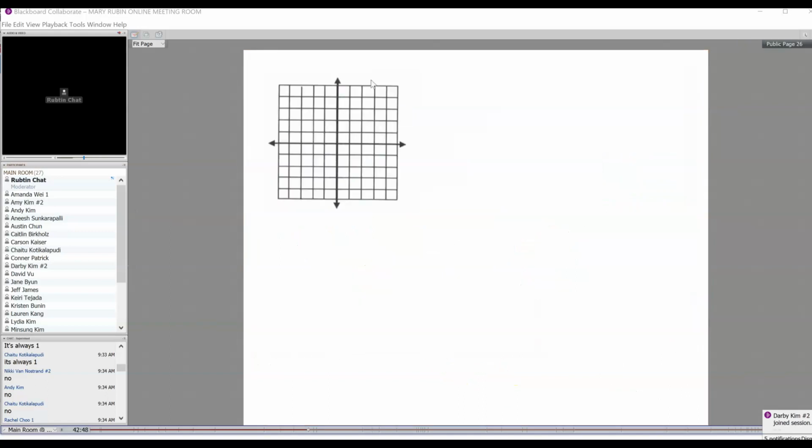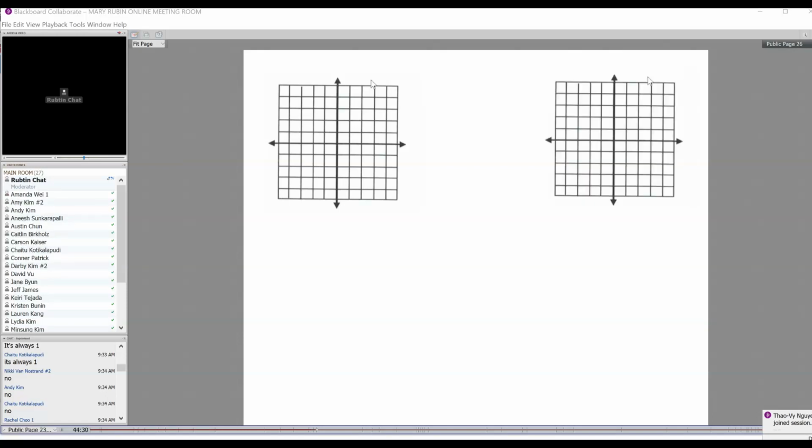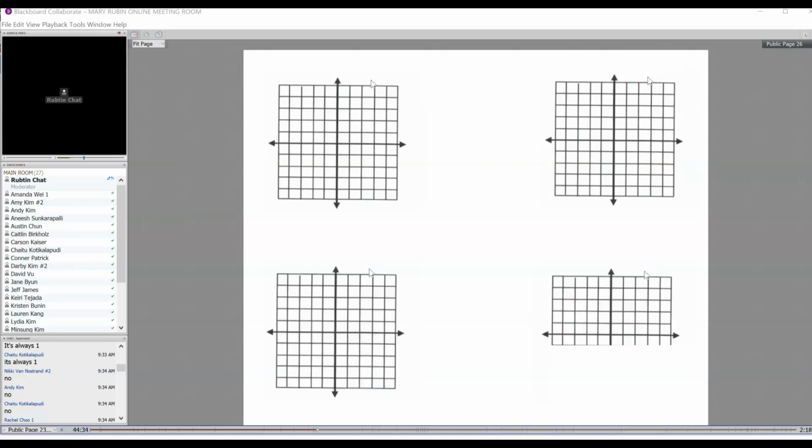Okay, we're going to get into graphing. So if you don't have your calculator, grab your calculator, and I'm going to wait. I want you guys to put a little check mark next to your name if you have a calculator. These are going to be related to each other. On this first one, I want you to graph y equals 3 to the x.